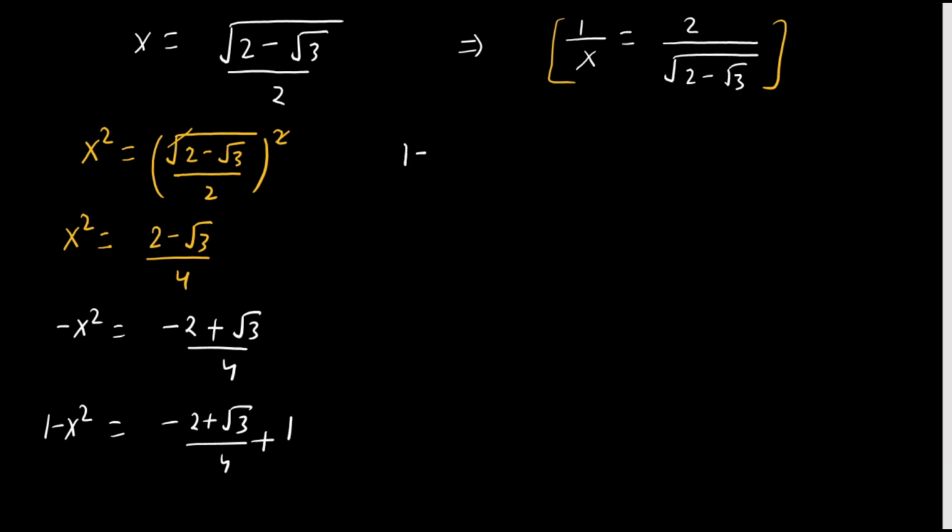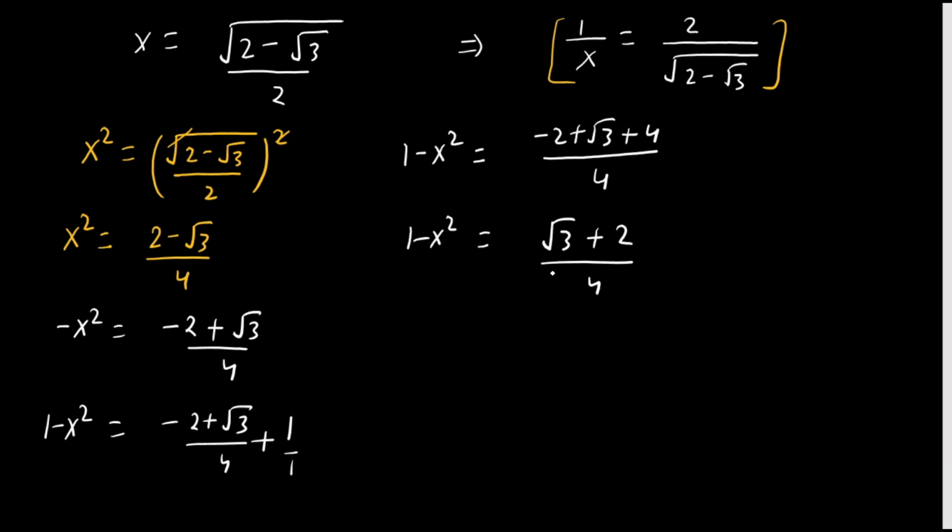On the right hand side, if we take the LCM, that is 4, in the numerator minus 2 plus square root of 3 and then plus 4, then 1 minus x square equals square root of 3 plus 2 divided by 4.